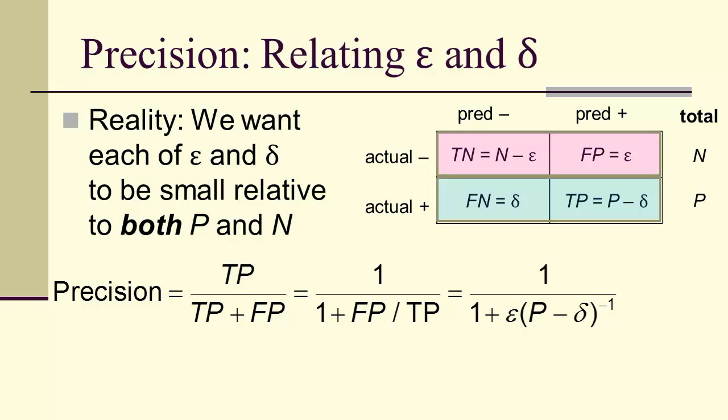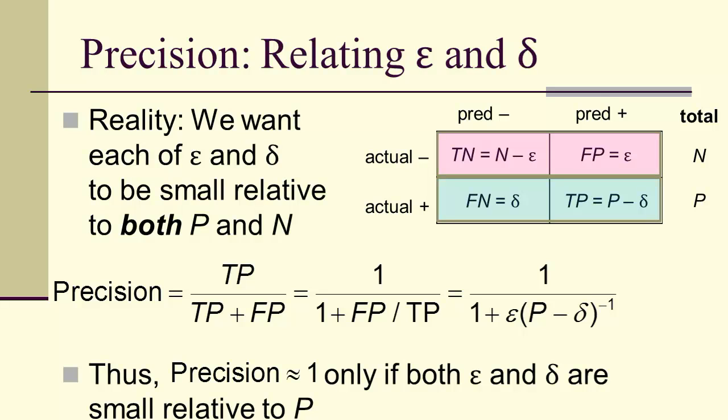The true positive is P minus delta in reality, and the false positive is epsilon in reality. And so notice the precision has the epsilon and the delta both inside of the expression. What does this mean? Well, it means we could only get a precision of 1 if both the epsilon and the delta are small relative to P.